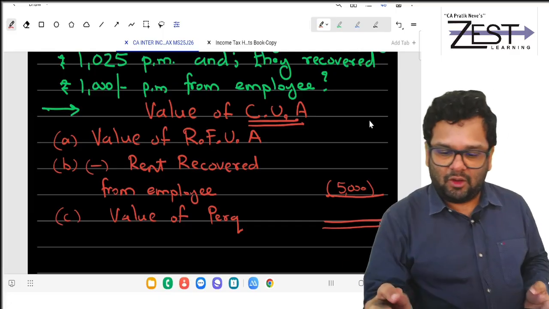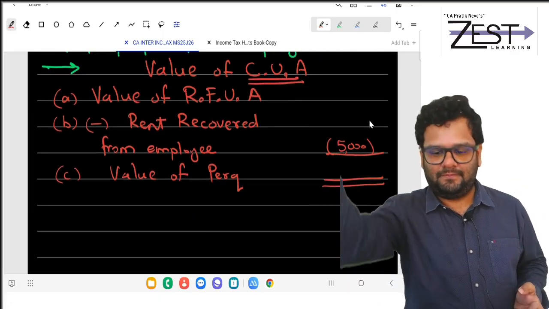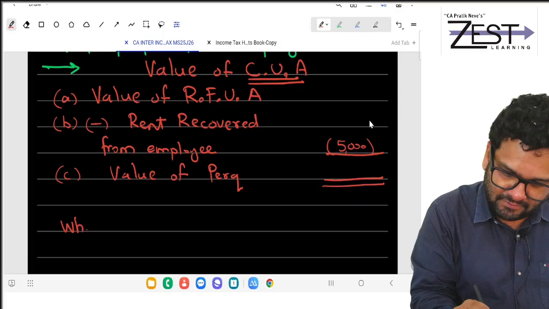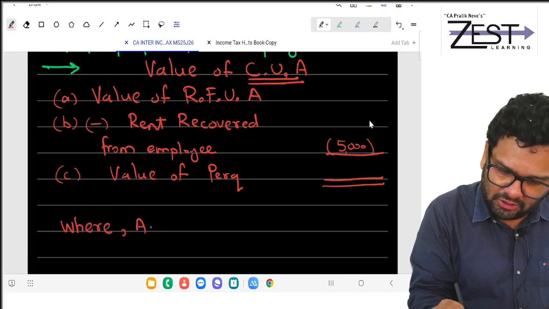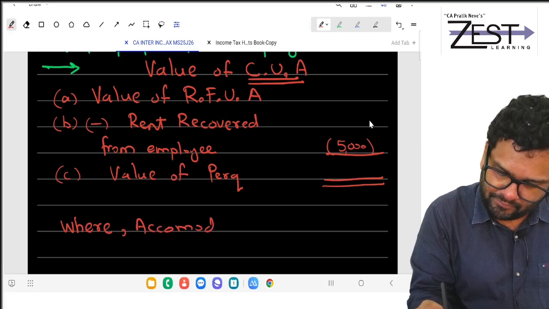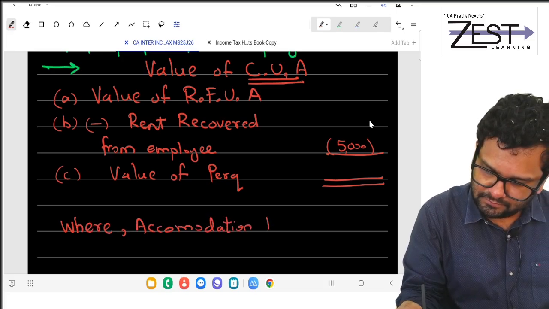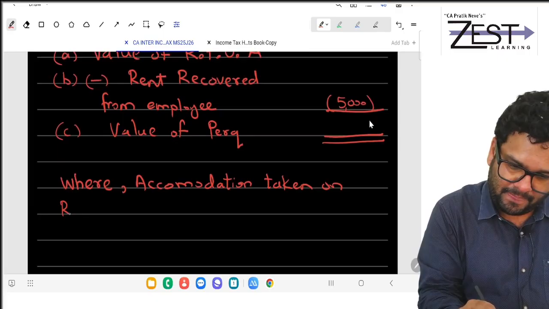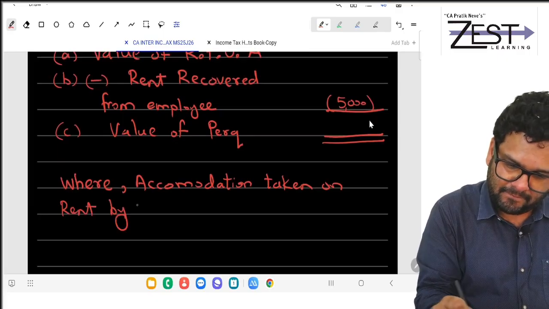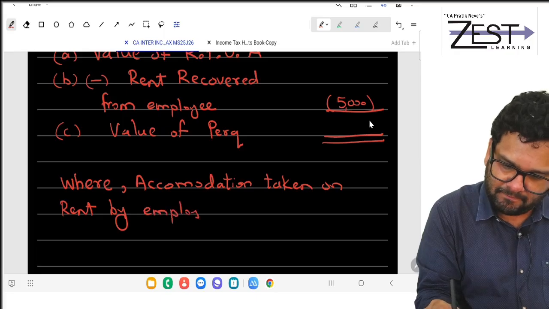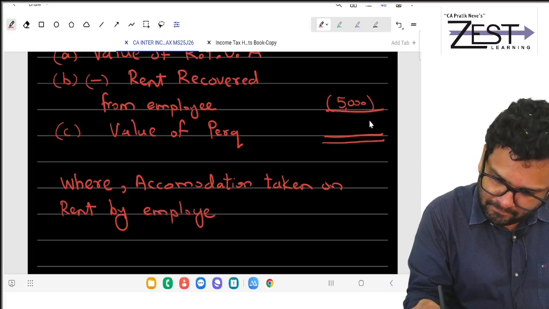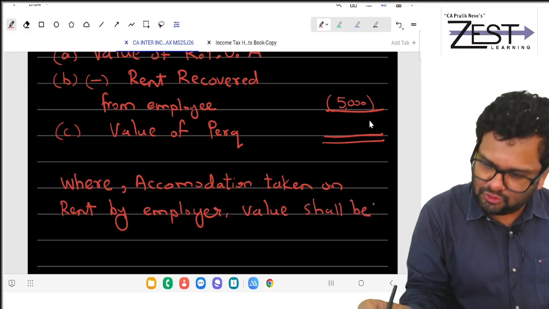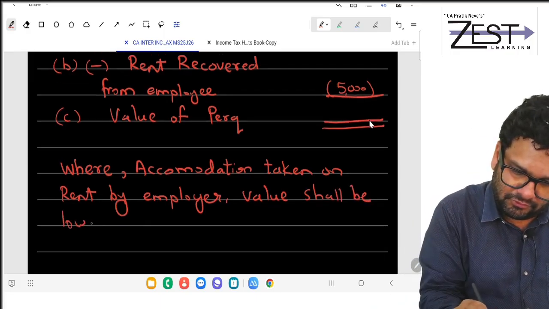This RFUA. How will you find RFUA? So basically, the point is where accommodation is taken on rent by the employer, the value shall be the lower of 2.